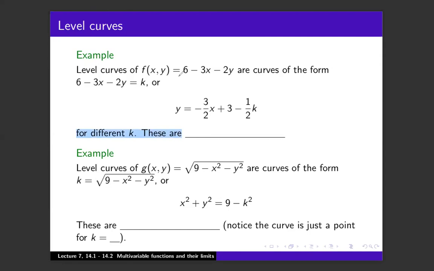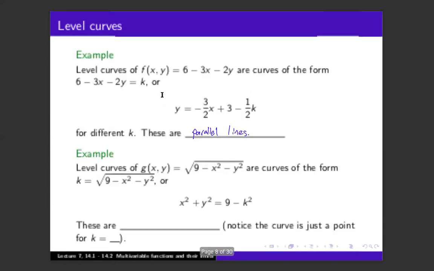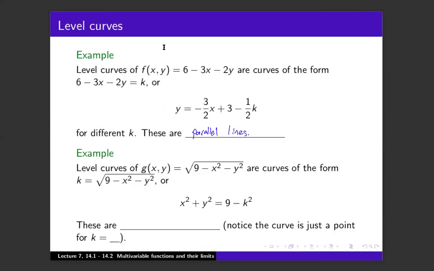Trying to draw this. Yes, those curves are parallel lines for different values of k, and they're showing you the elevation.